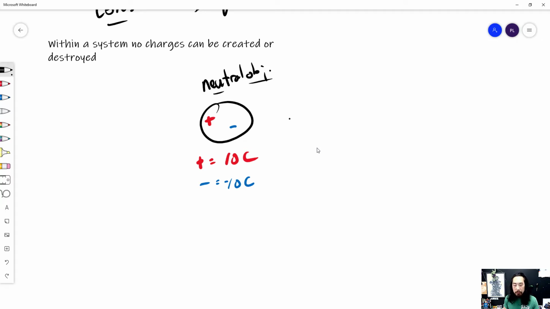So let's say that we removed -5 coulombs of charge from this object. So here we have an overall positive object, and I'm showing you that it's overall positive by drawing more positive charges. We'll throw in a negative charge in there.